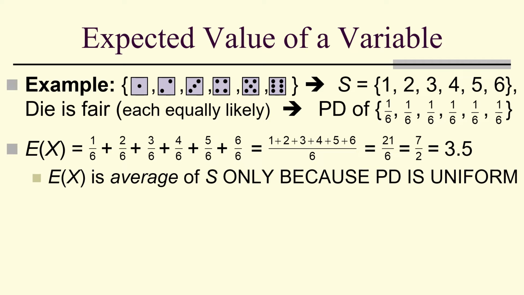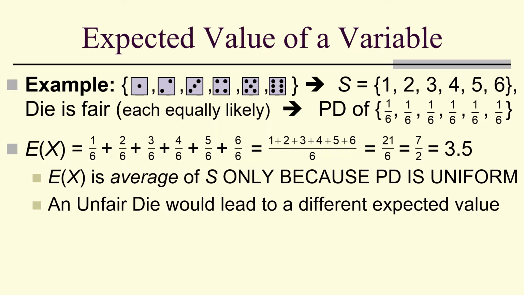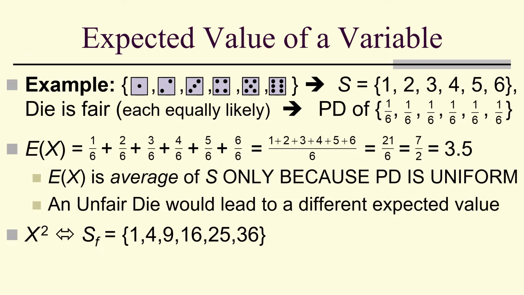But notice that even though we ended up with an average, it was only because the probability distribution is uniform. An unfair die would have led to a different expected value. And x squared would be associated with the sample space 1, 4, 9, 16, 25, 36.